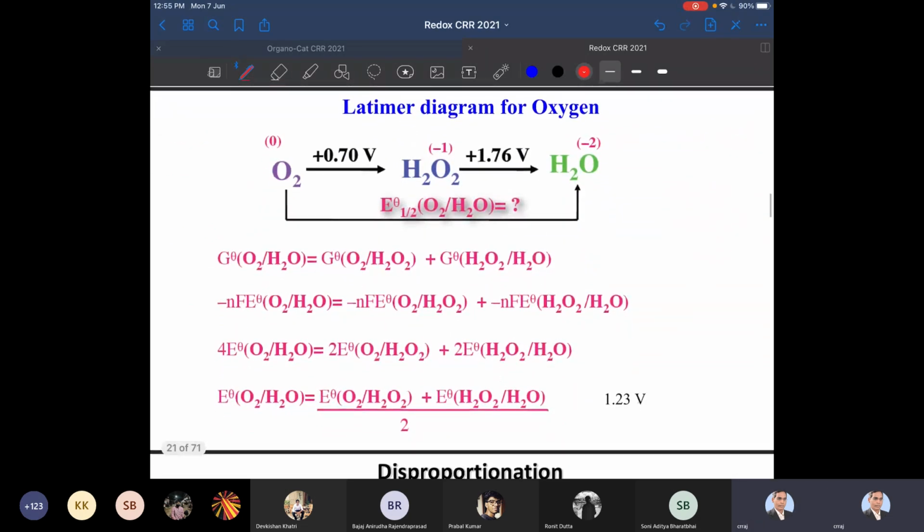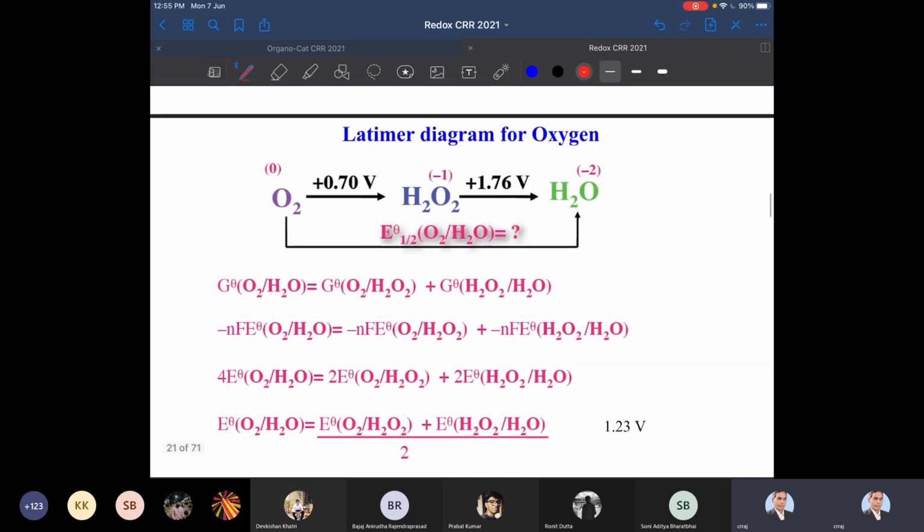Coming to this one, the Latimer diagram of oxygen is well known, right? A well known example of the disproportionation reaction. Hydrogen peroxide, for example, if you put it on an open table at room temperature, the next day if you come and see, the hydrogen peroxide will not be there, you will have only water. You know why? Can anybody tell that?